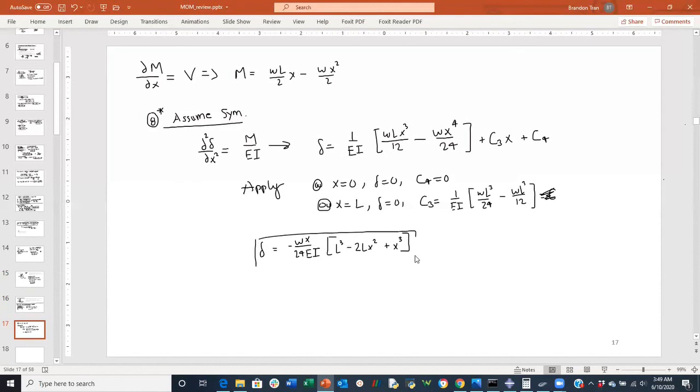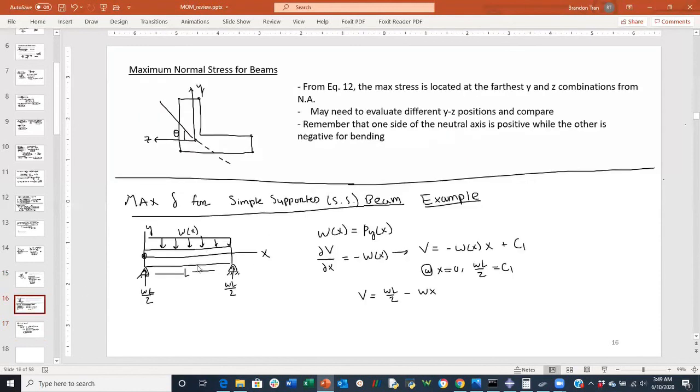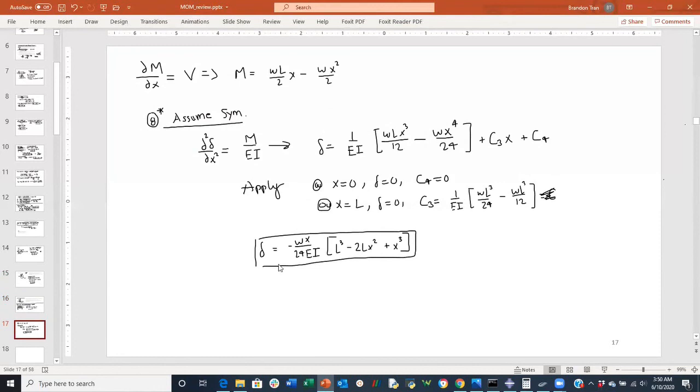And so now you have your deflection equation. Now you just analyze deflection at multiple different parts to see where the maximum deflection is. Now, obviously, the maximum deflection happens at the center. So you evaluate this at L over 2, you get the maximum deflection.